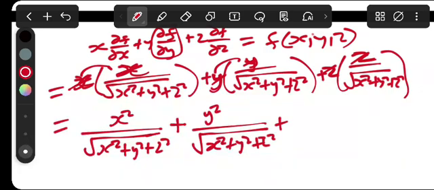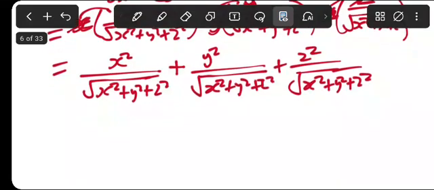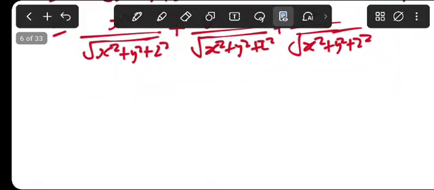Right, plus multiply this will be z squared, over x squared plus y squared plus z squared. Sorry about that. Very stupid mistake, by the way.